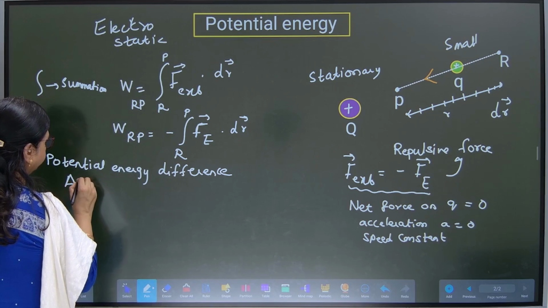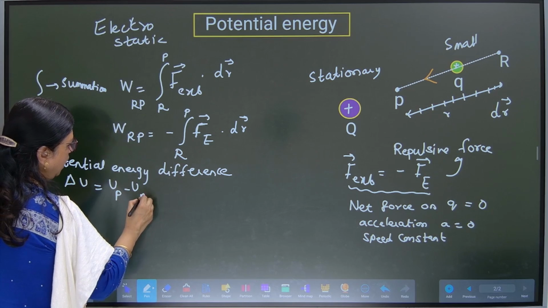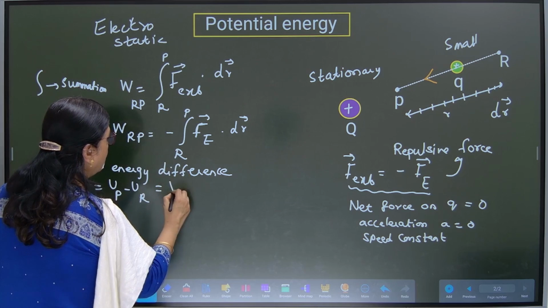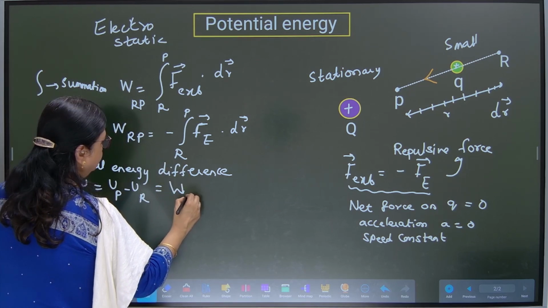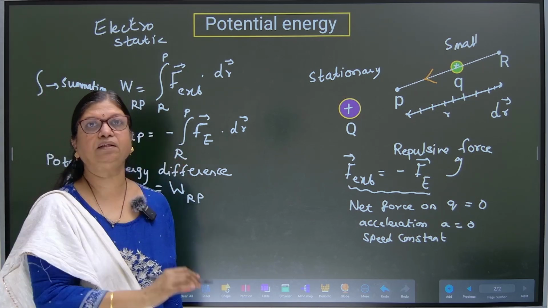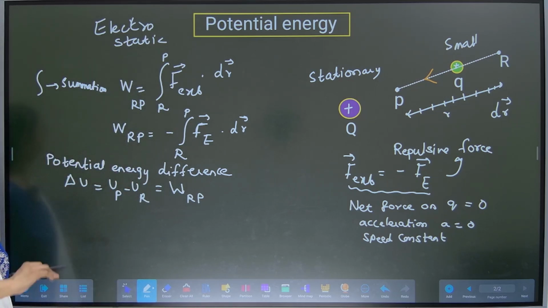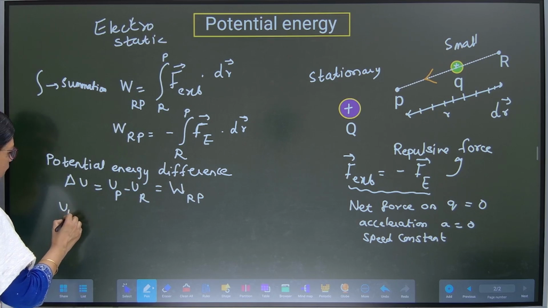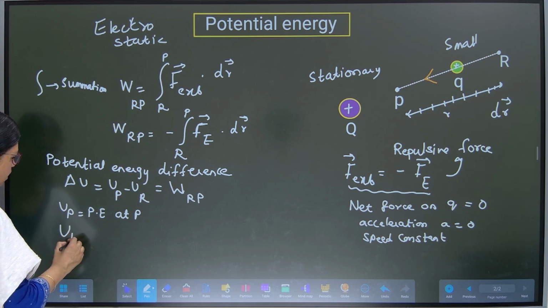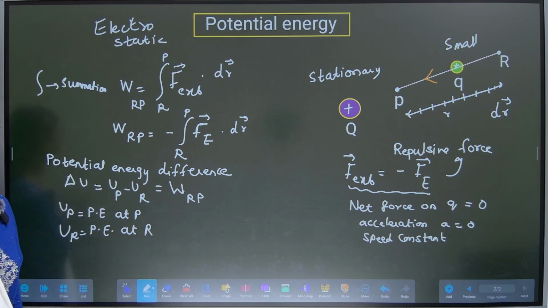Delta U is equal to UP minus UR, which is the stored work done from R to P. The work which we are doing in shifting the charge is stored in the form of potential energy difference, where UP is the potential energy at the point P, UR is the potential energy at the point R. Where?